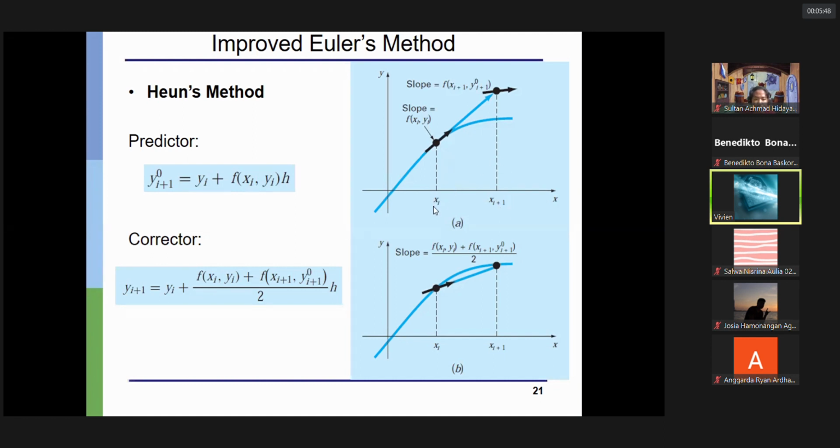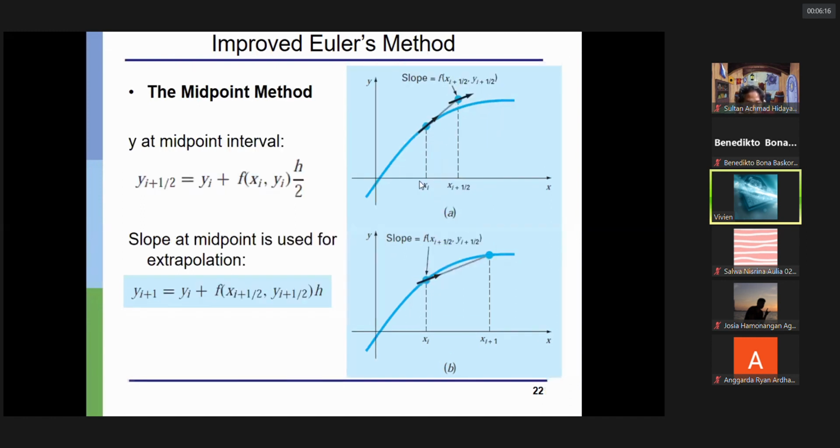In Heun's method, we do corrections to the slope, so that the final slope used in the calculation is the average of the first slope at xi and the second slope at xi plus 1.